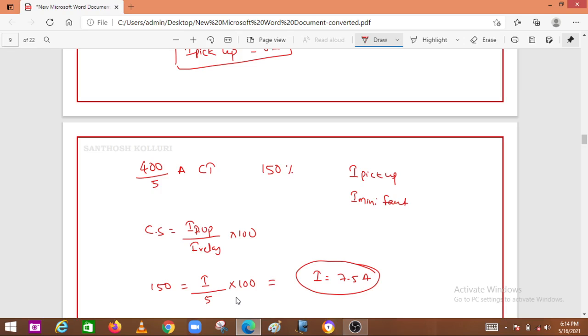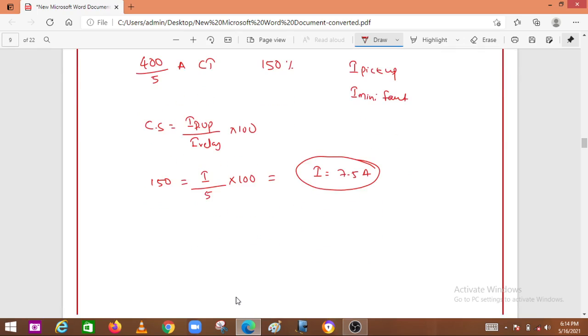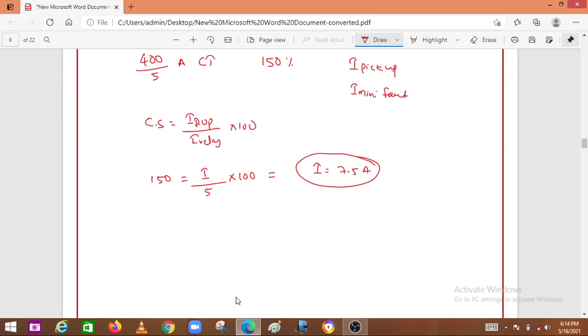And the minimum fault current, he is asking the minimum fault current. How can you calculate it? From the current rating, for 5 amperes current, 400 amperes is there on the primary side.